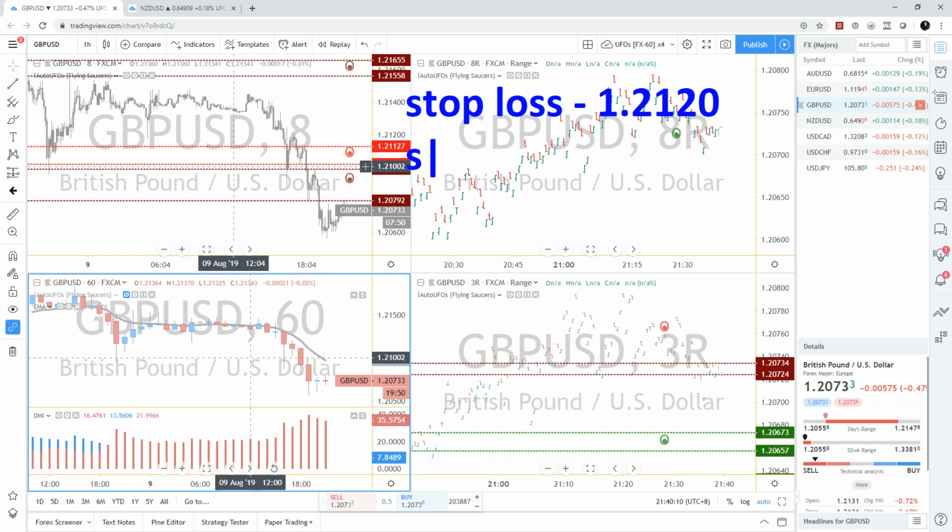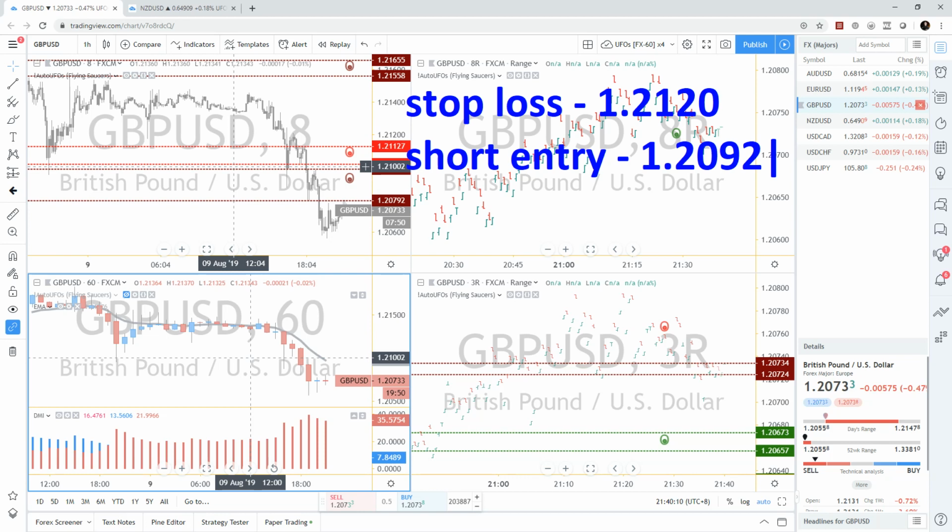The short entry will be located, as we said before, at 120.92. That was the price that we selected earlier.